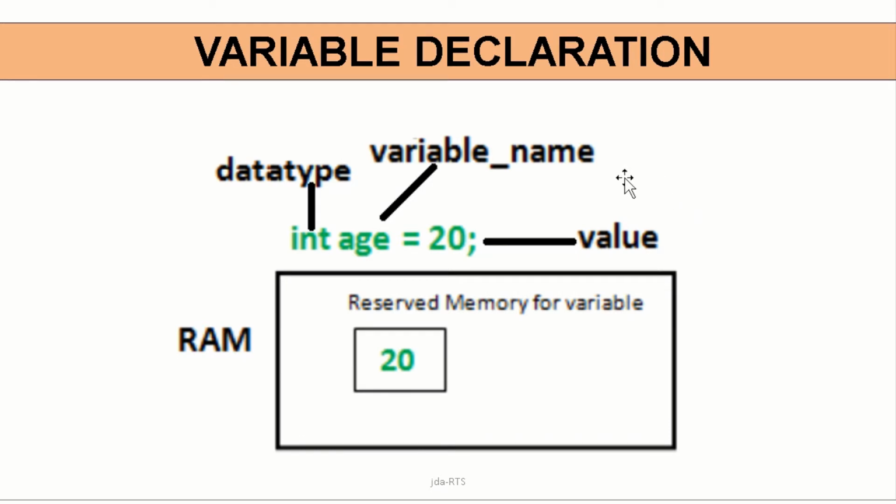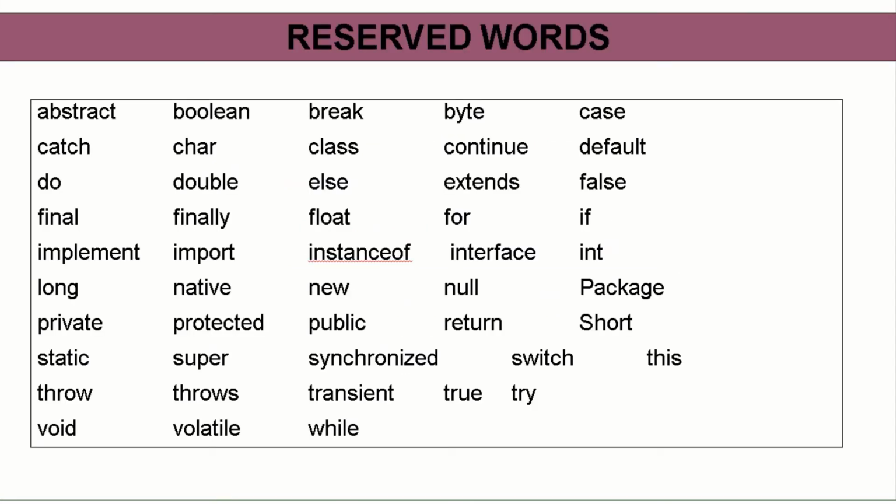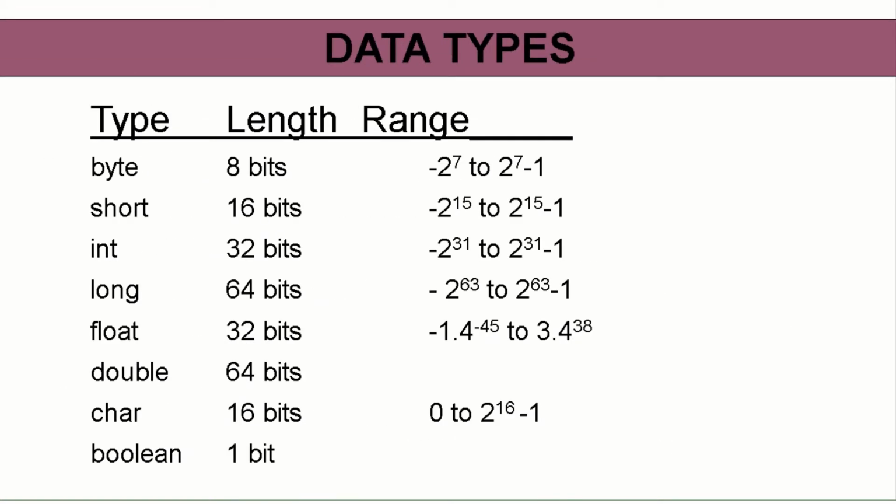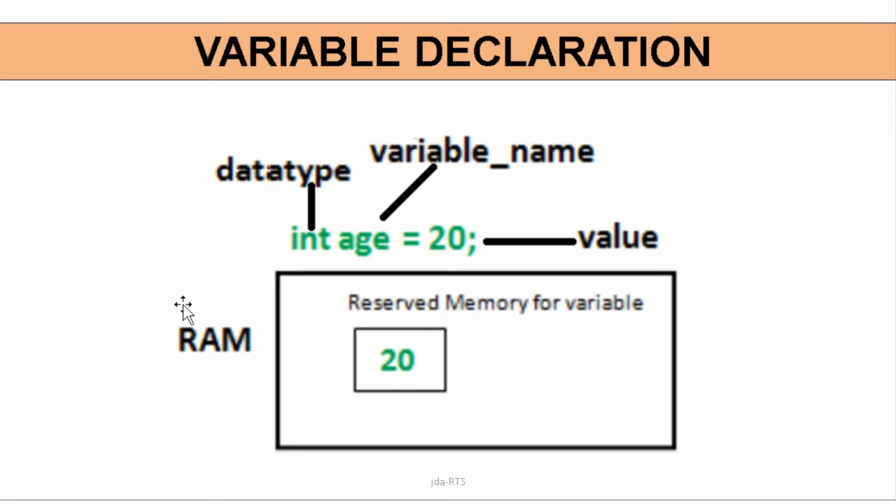Variable declaration. With variable declaration, the reason why we discussed reserved words, the data types, and the range and length of each data type is because these are the main components, or the ingredients, of variable declaration.